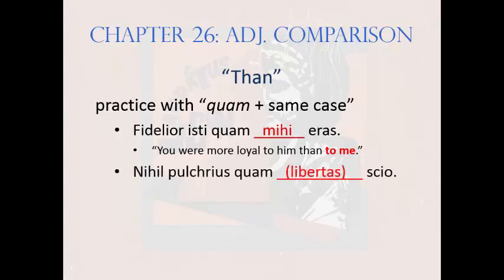Let's try another sentence. Nihil pulchrius quam, some form of libertas, scio, meaning I know nothing more beautiful than some form of the word liberty. Can you figure this out on your own? What's being compared? Nihil and libertas. How's nihil functioning in the sentence? It's the direct object of scio.